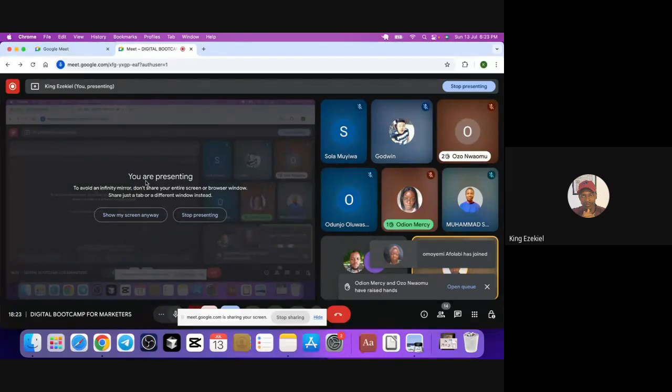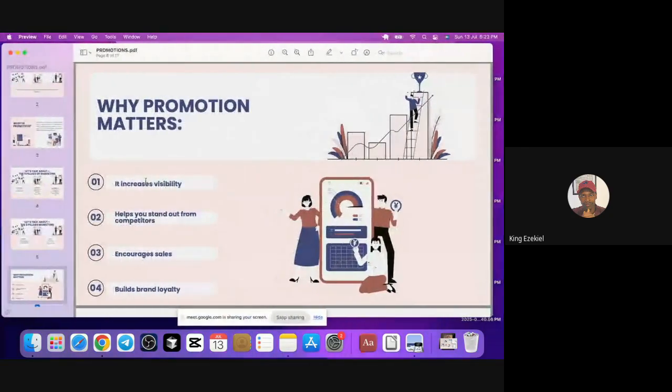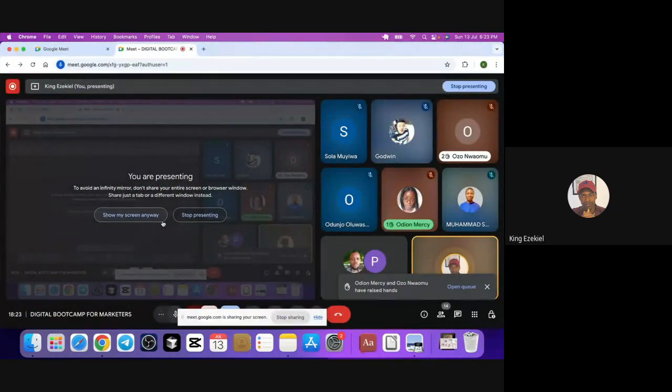How it does that is, when you are promoting your brand, there are a few things you need to add, like incentives, benefits, features, and why you should choose us. That's promotion for you. You see some brands who put the prices of other companies next to theirs and say, look, ours is more affordable.